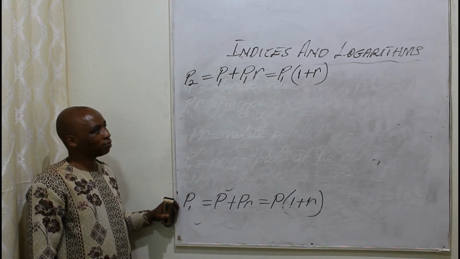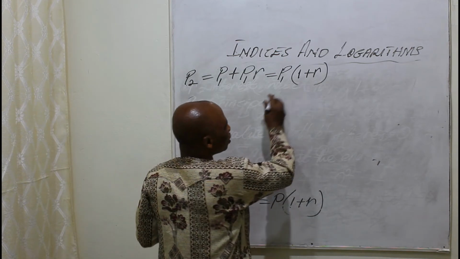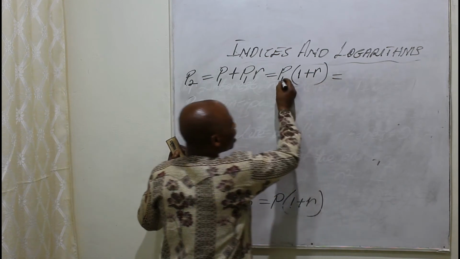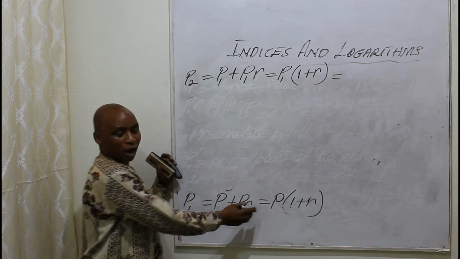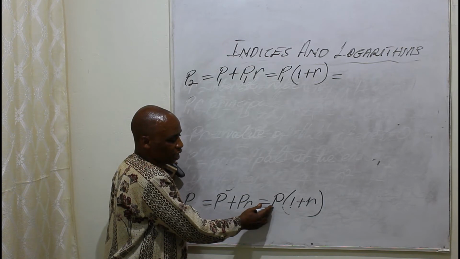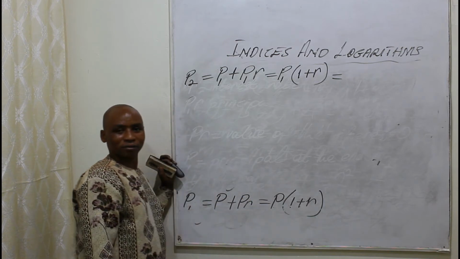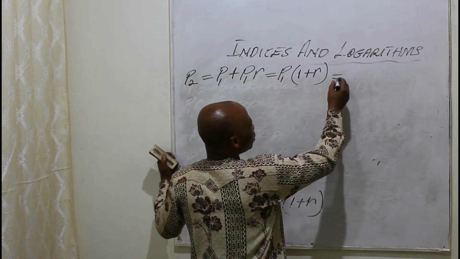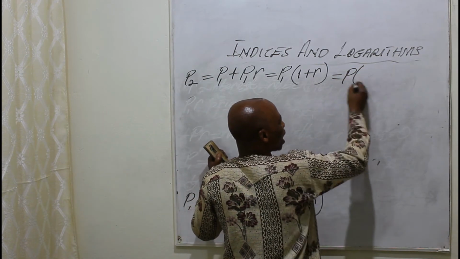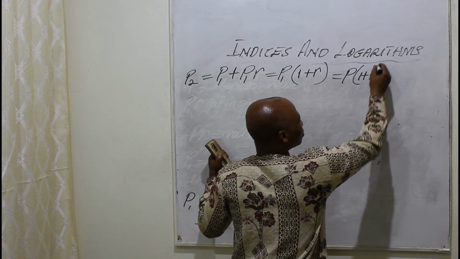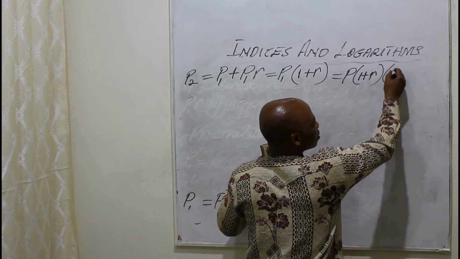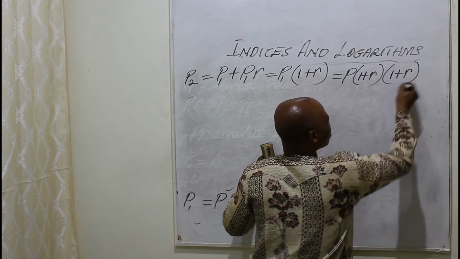So what it means is that in place of P1, we can substitute P times 1 plus R. So this will be P times 1 plus R times 1 plus R.